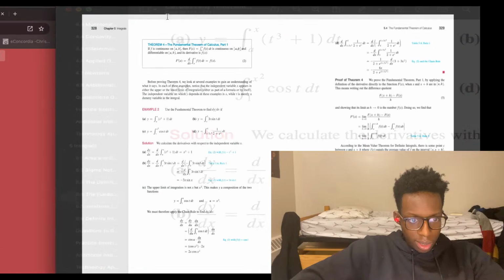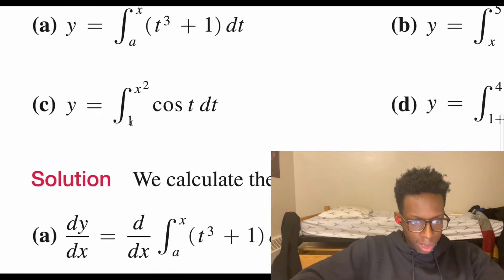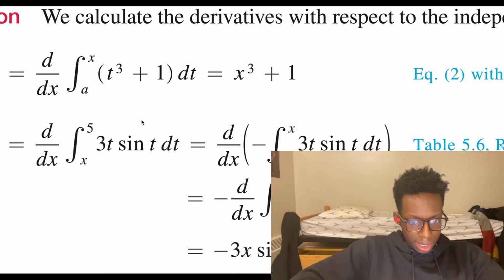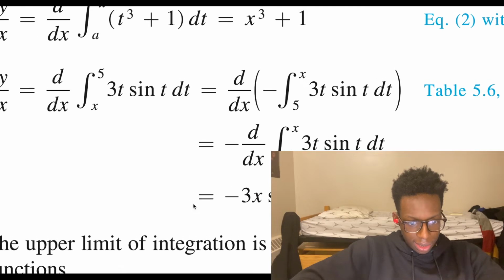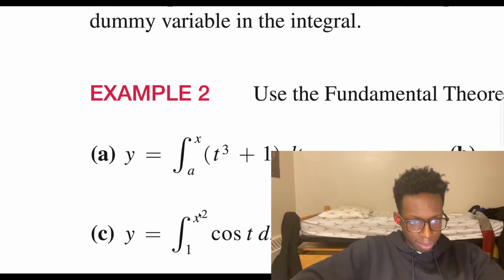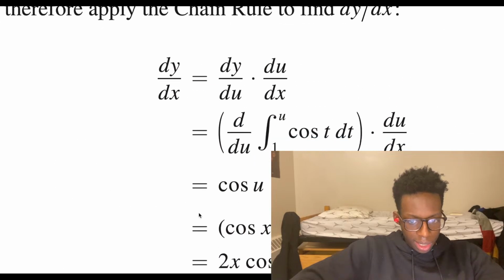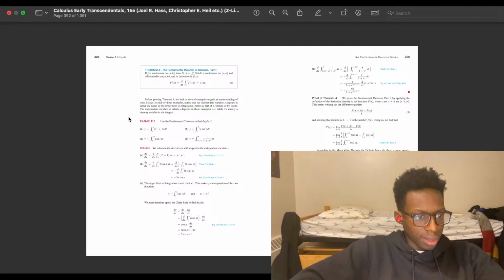Yep. So let me full screen this. X squared u, and then you make the negative 3x. Yeah, so then you make this u, and then you apply that across. I don't know if this is working.